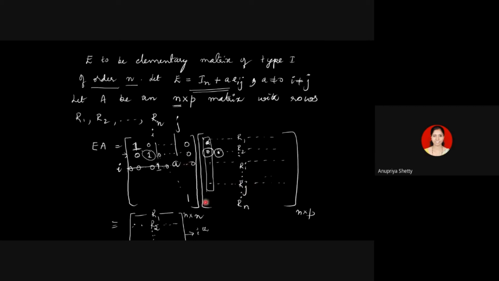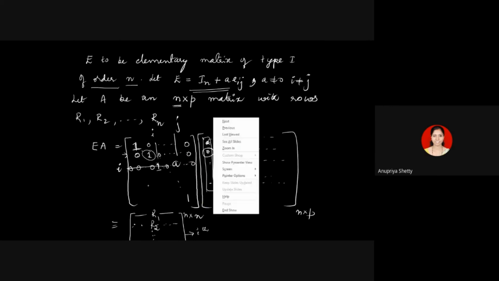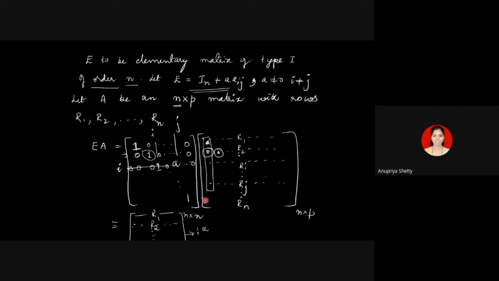Rest everything gets multiplied with 0. So when the ith row is multiplied with the first column, 1 gets multiplied with the entry in Ri and A gets multiplied with the entry in Rj.